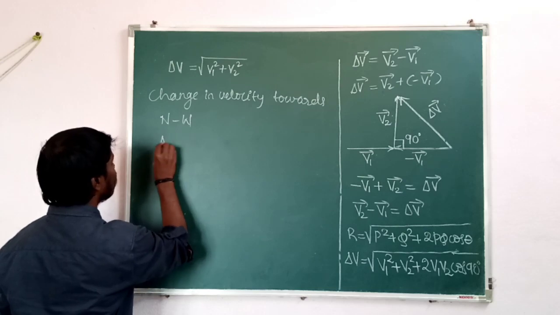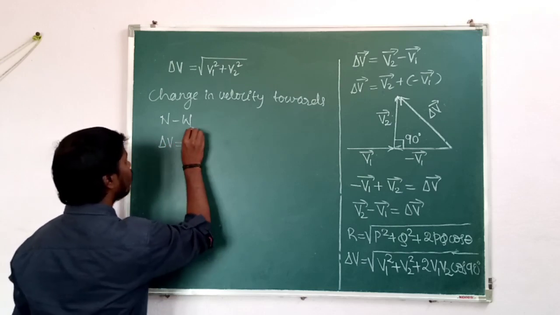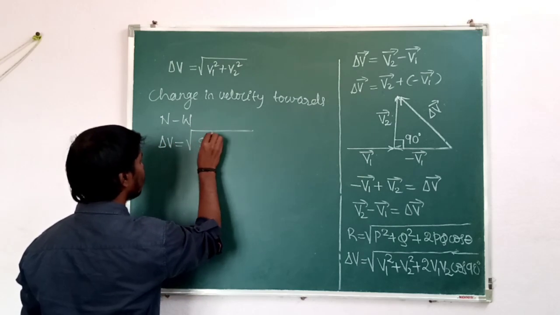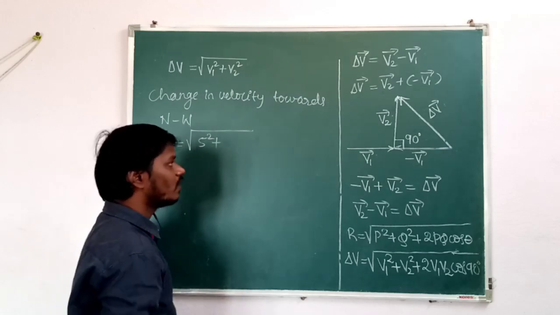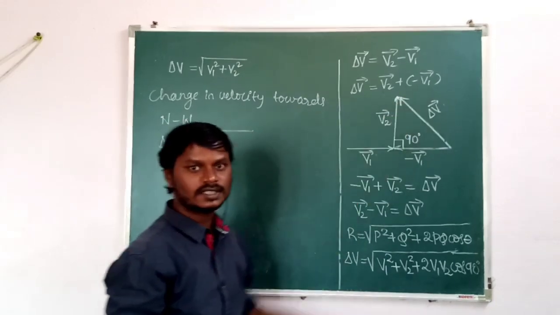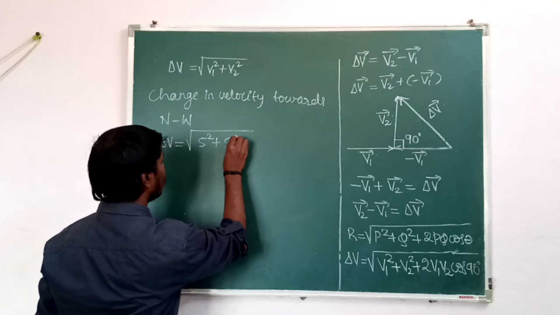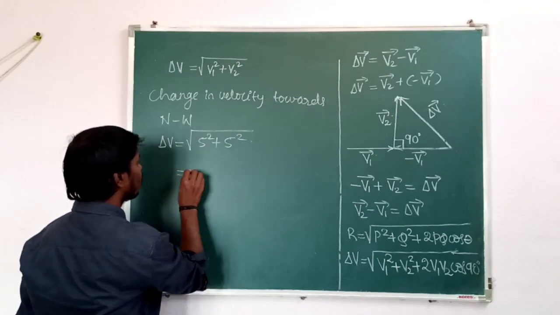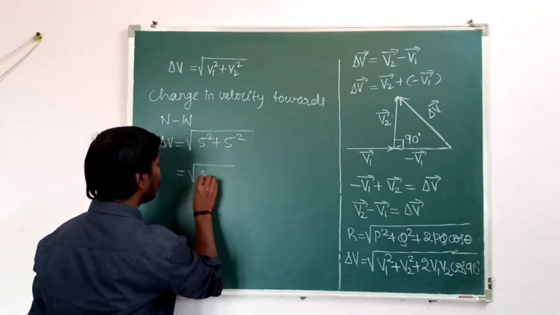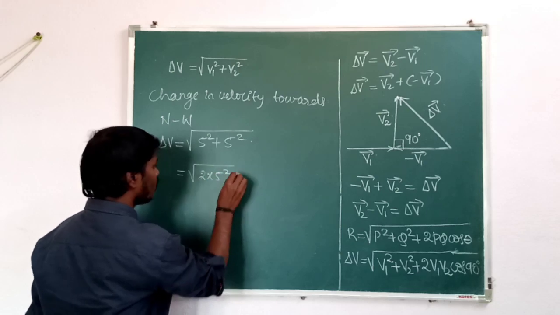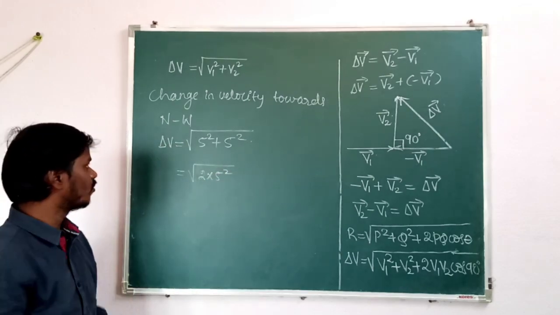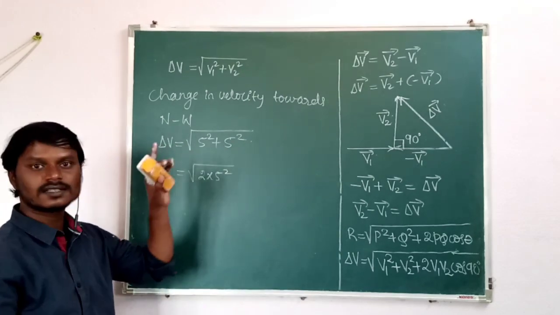Then delta V is equal to square root of V1 square plus V2 square, and V1 square is 5 square. V2 is also 5, that is 5 square. So this can be written as square root of 2 into 5 square, because I will take 5 square as common.